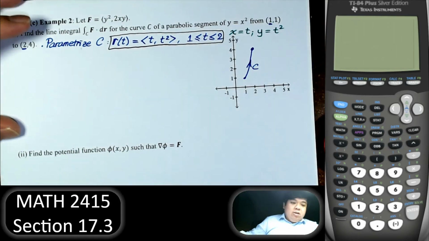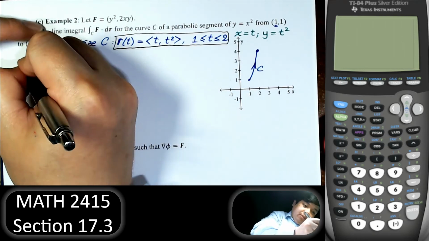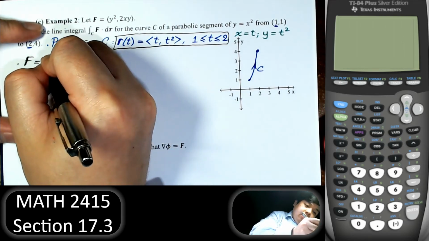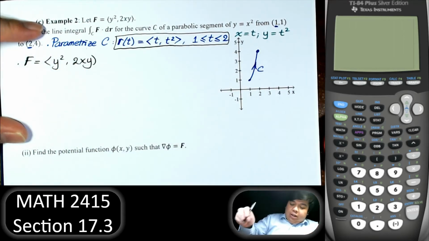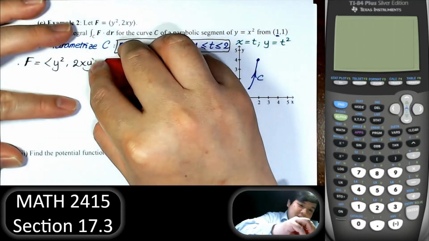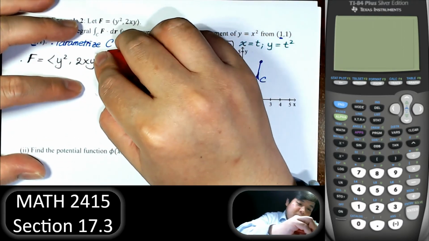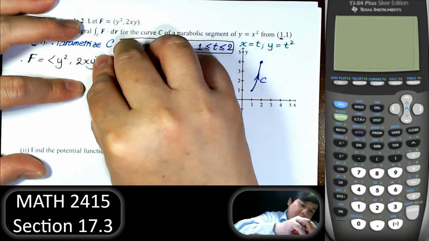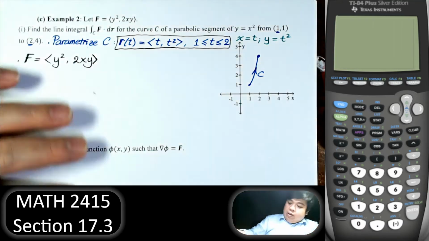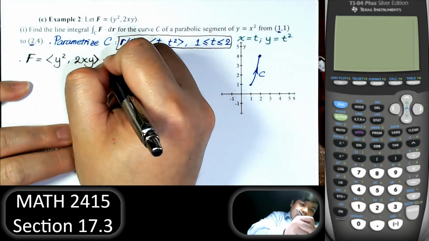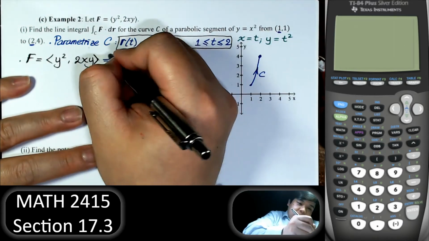So that's the first step, parameterize C. Next, we write the vector field in terms of t.